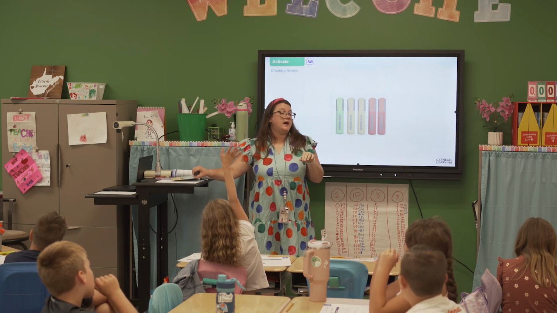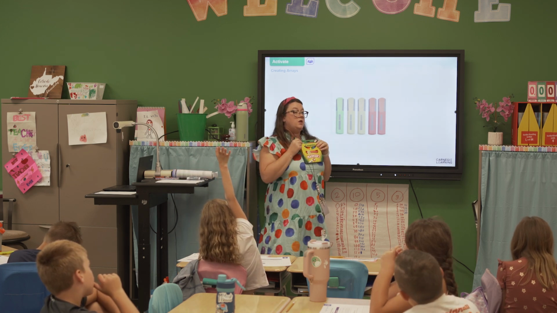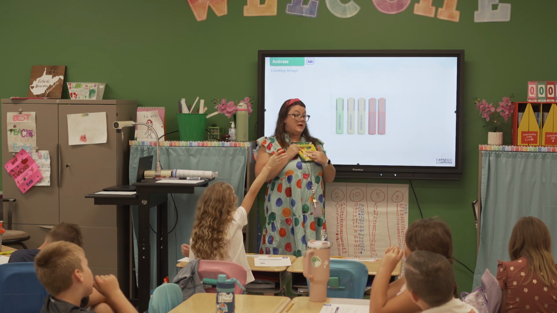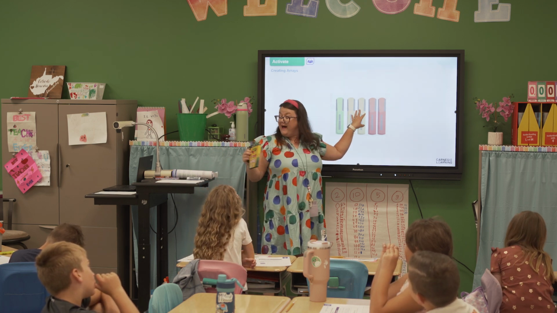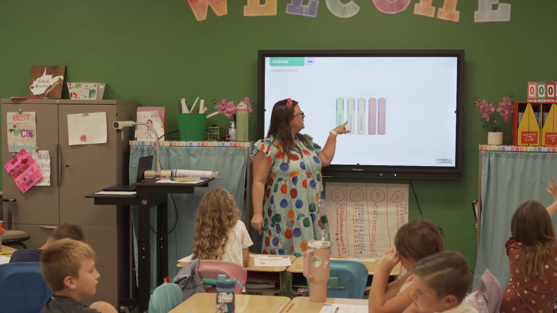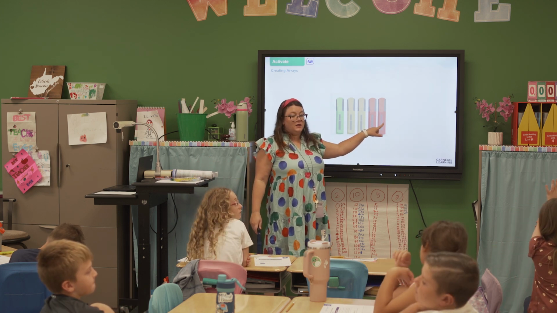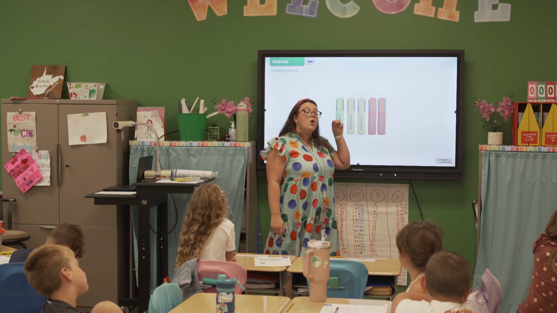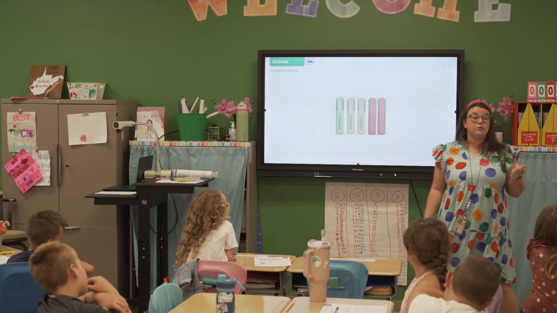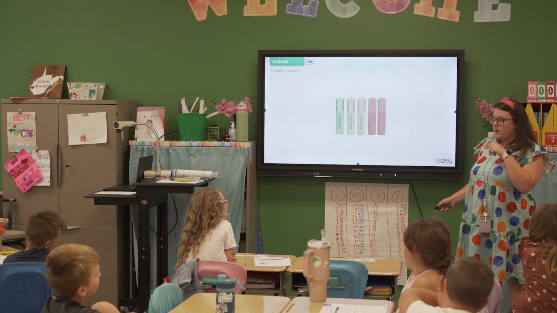Just like this, 1 group. So this is just 1 group of how many, Cashin? 5. Great. 1 group of 5. So this could also represent 1 row of 5.